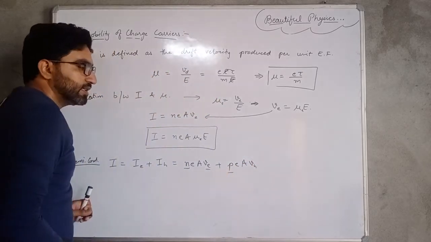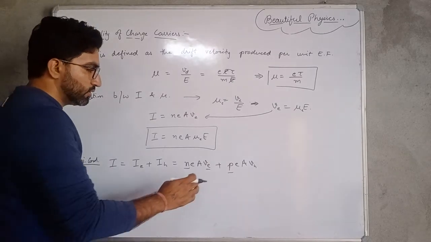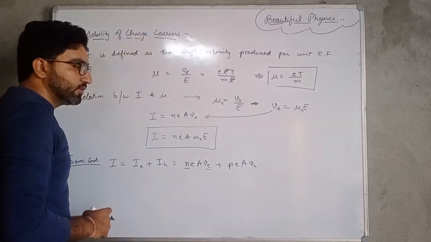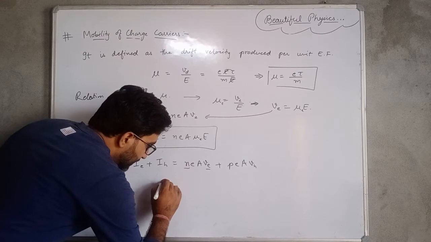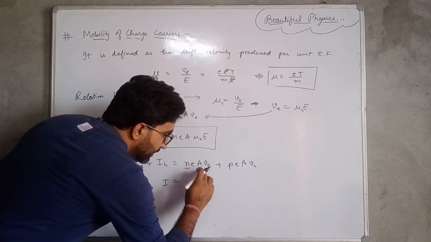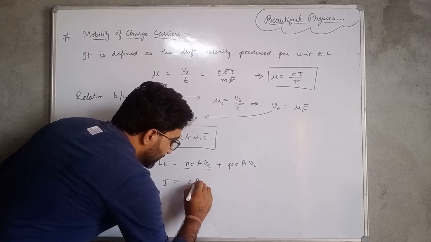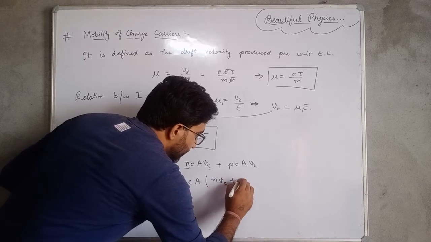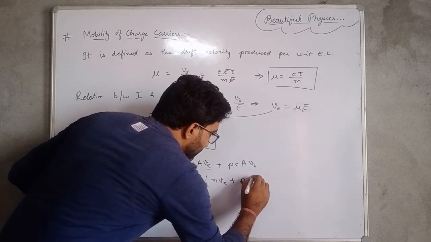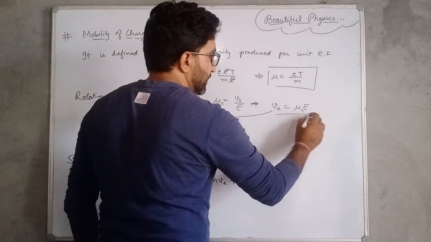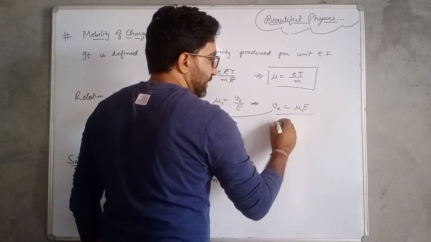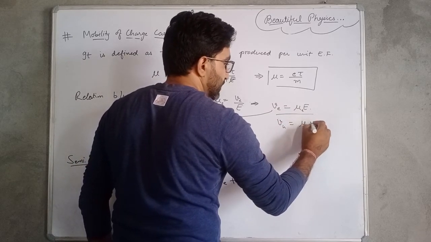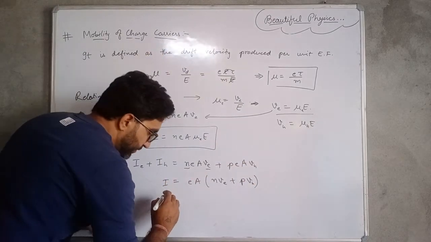Here p represents the hole density present in the semiconductor, and Vh represents the drift velocity of holes. E and A can be taken as common, and we have n Ve plus p Vh. We also know that Ve = mu e E, and similarly Vh, the drift velocity of holes, equals the mobility of holes times the electric field. Let's put these values one by one.